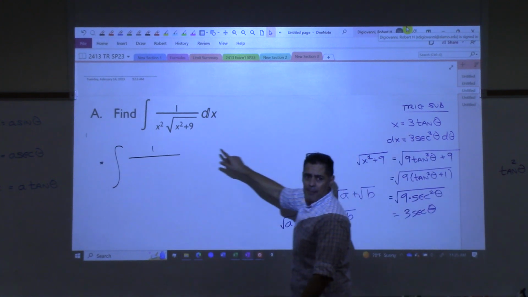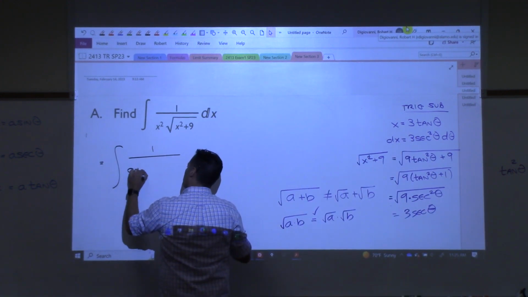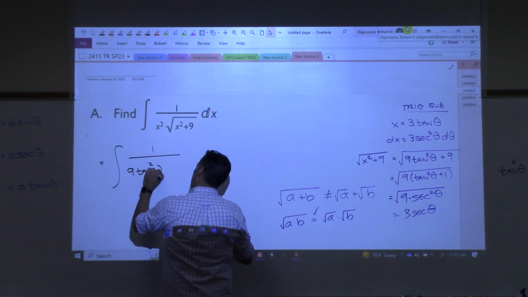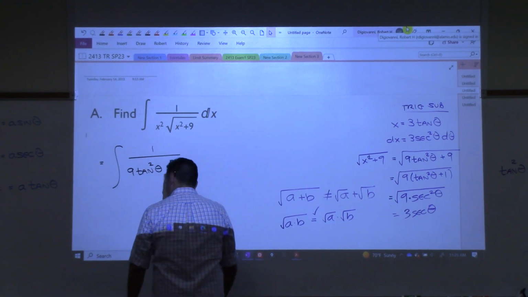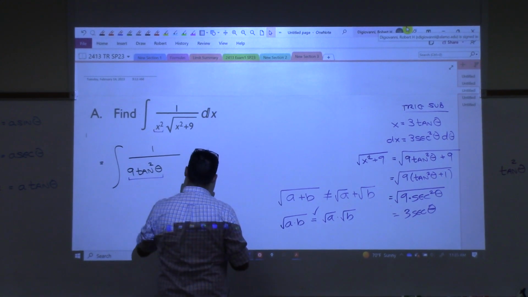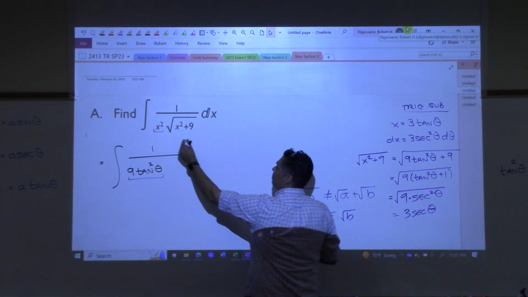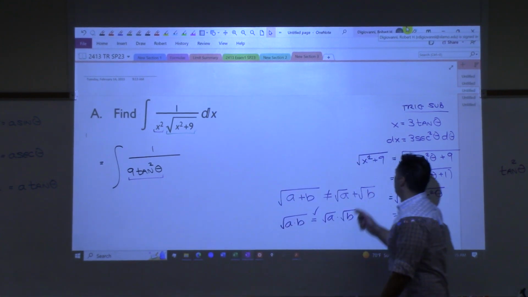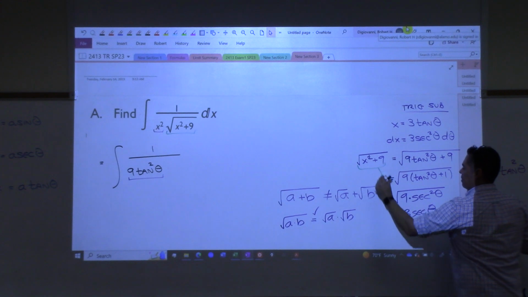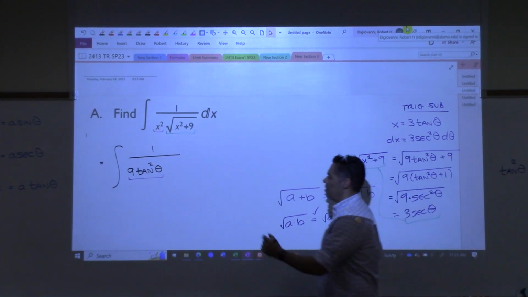That bottom piece right here, x squared, is 9 tangent squared theta. Now I need to replace the square root on the bottom, but we already figured out that that square root is equal to that, right? So that's going to become 3 secant theta on the bottom next to it.